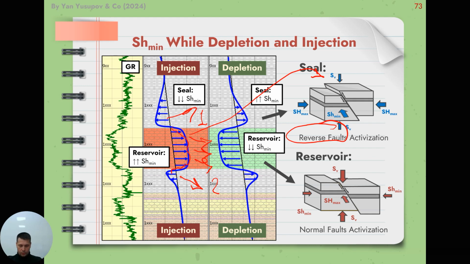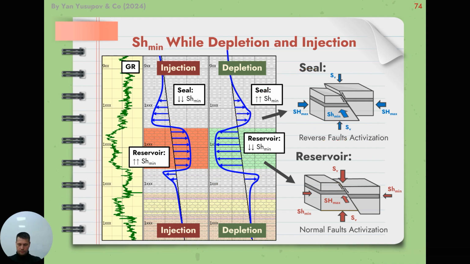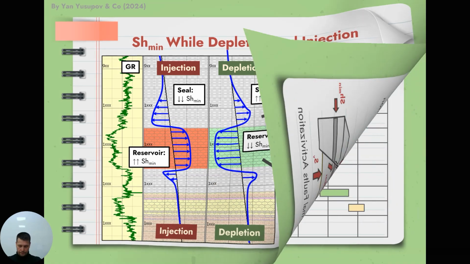Another case we see is the depletion case, and in the depletion case in the reservoir SHmin decreases, and in the seal SHmin increases.